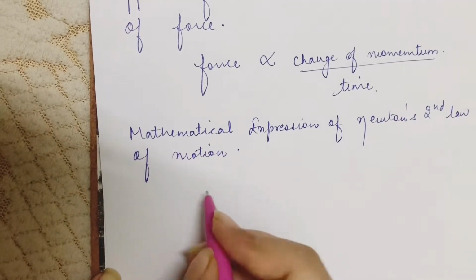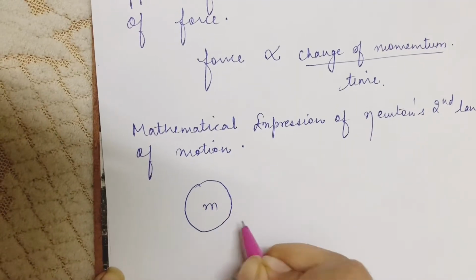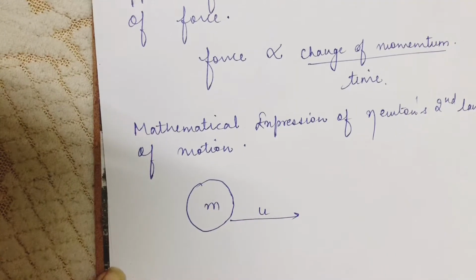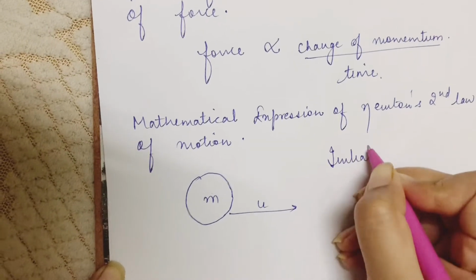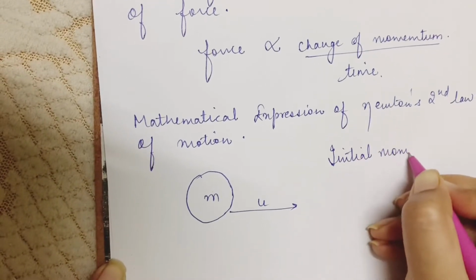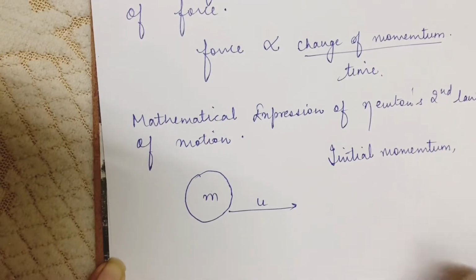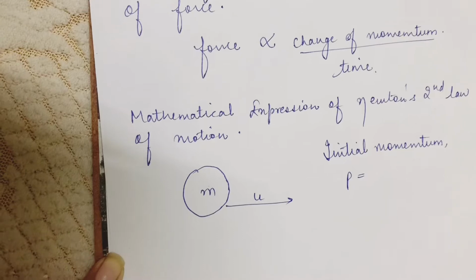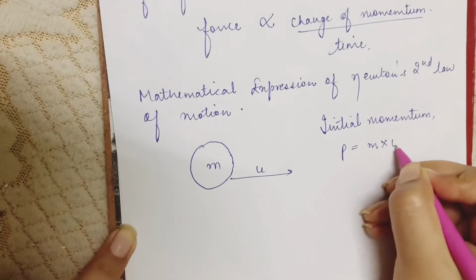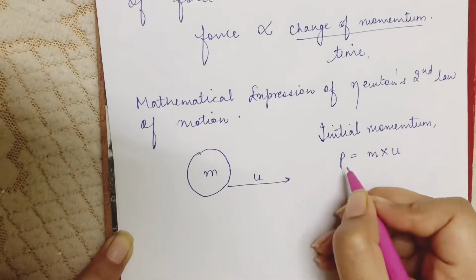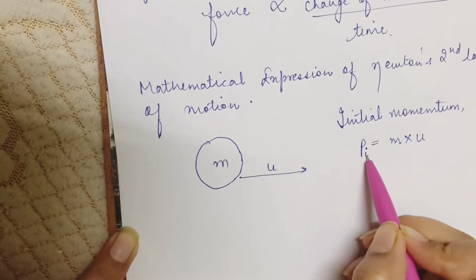Now let us consider a body. It has mass m and is moving with initial velocity u. So what will be its initial momentum? As we know, momentum is equal to the product of mass and velocity. But here we will take mass into initial velocity. I will write here p i, which stands for initial momentum.